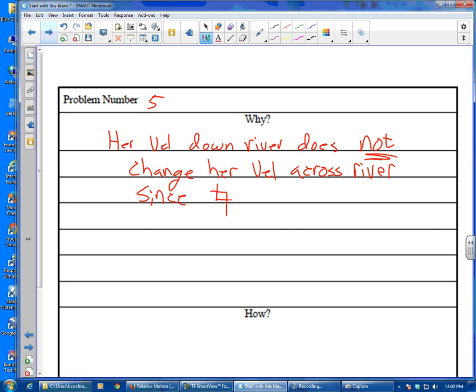That's what I use for the word perpendicular. It's kind of like 2 right angles to each other. That's one of those weird things.